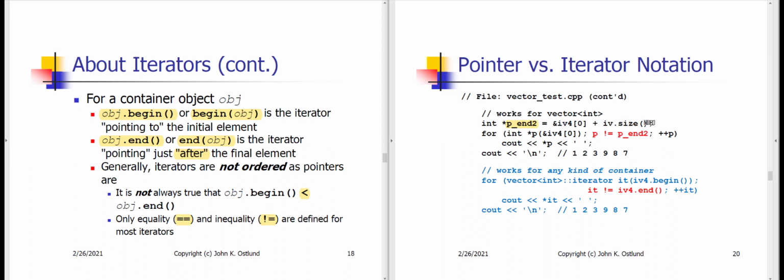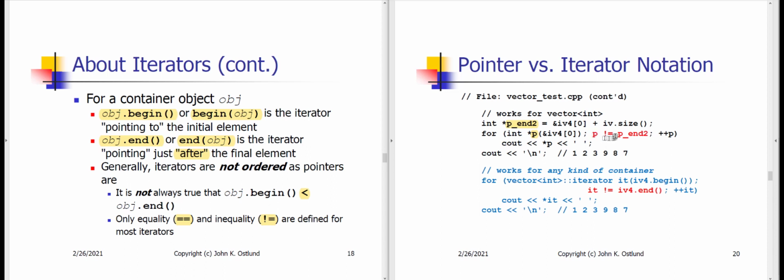All right, so it's one beyond the end of iv4. Then I've got my loop variable here. P is a pointer to an int, initialized with the address of the initial value in the vector. And as long as P is not equal to pend, okay, here I've just changed what used to be a less than sign to a not equal to, but fortunately for us, the logic works out the same way.